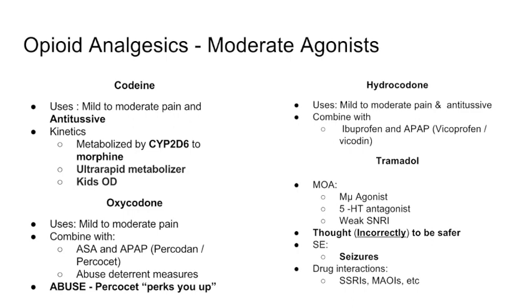Do not go forward thinking, I'm going to give somebody tramadol because I don't want to give them Vicodin. It doesn't work that way. Side effects include seizures, very important to remember. And because it affects serotonin, we do want to worry about serotonin syndrome and possible interactions with SSRIs and MAOIs, increasing serotonin.